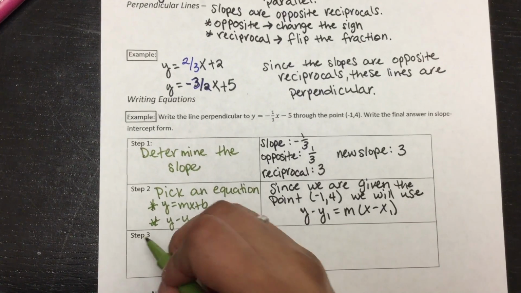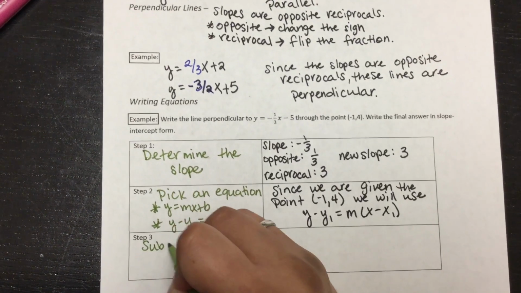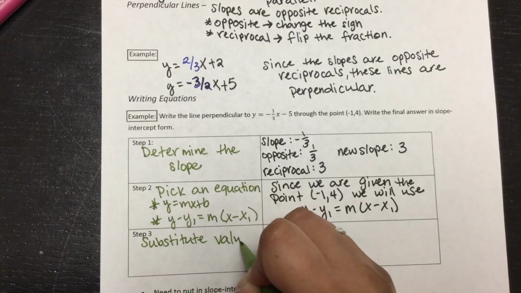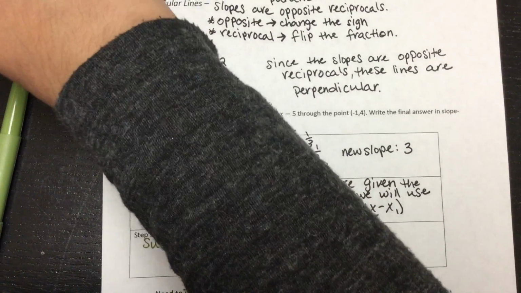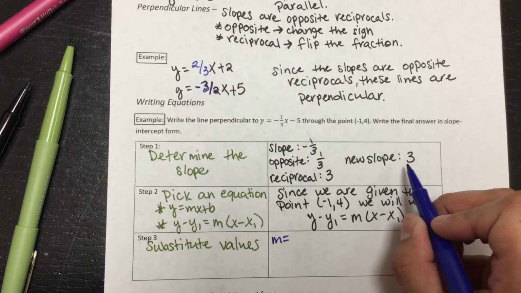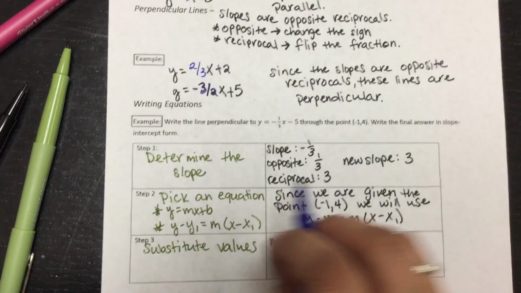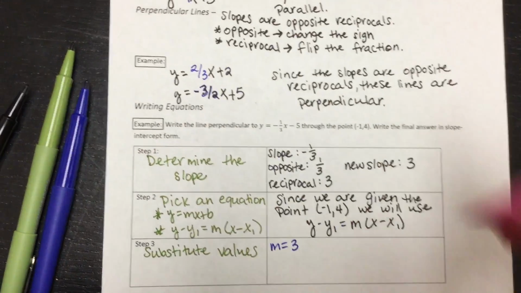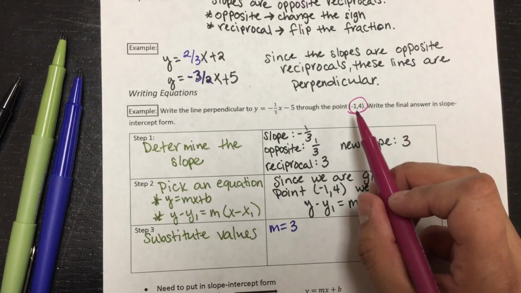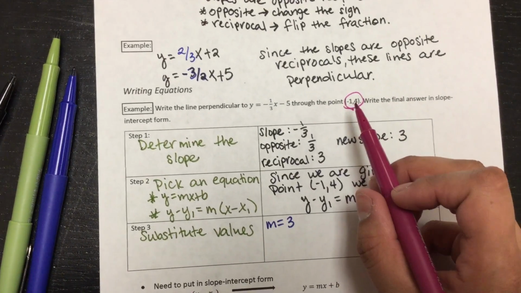And our last step is simply to substitute the values. We know our slope, that's 3, because we found it in step 1. We are using the point negative 1, 4.